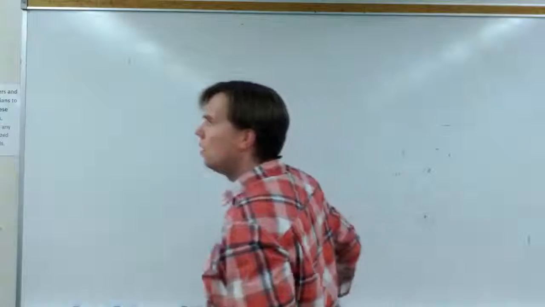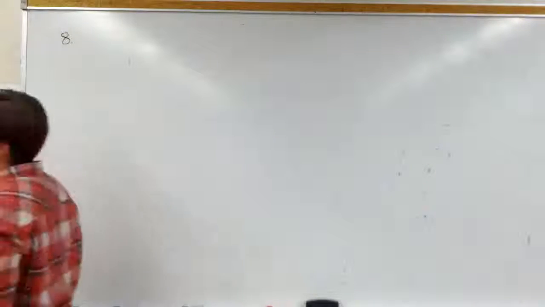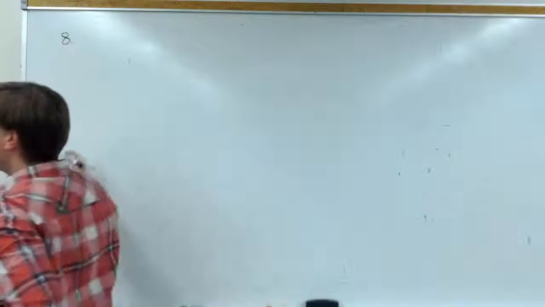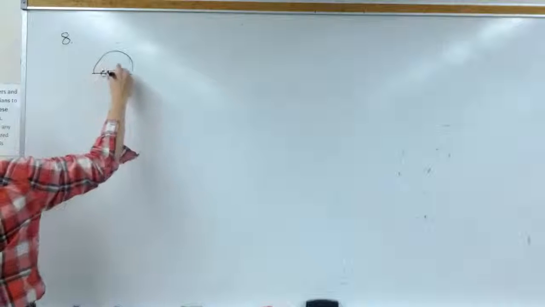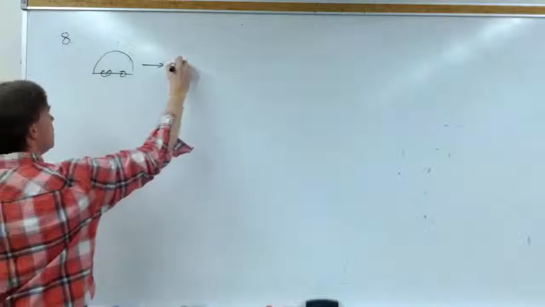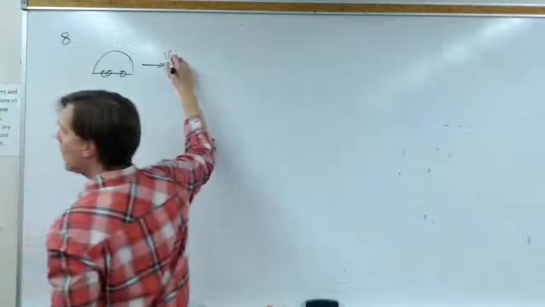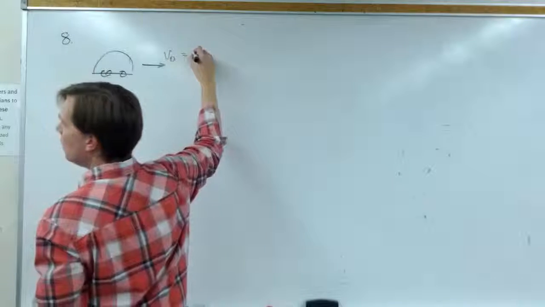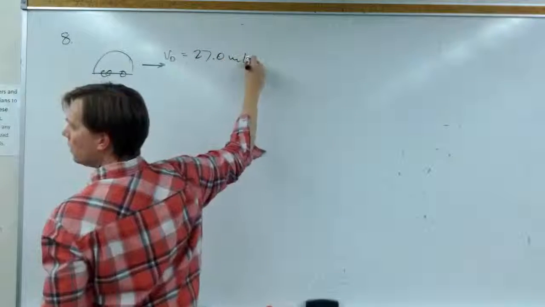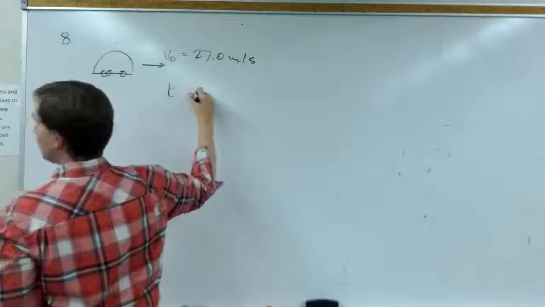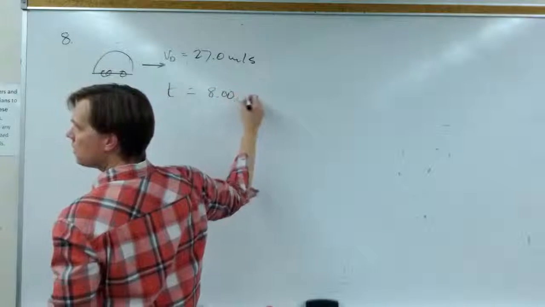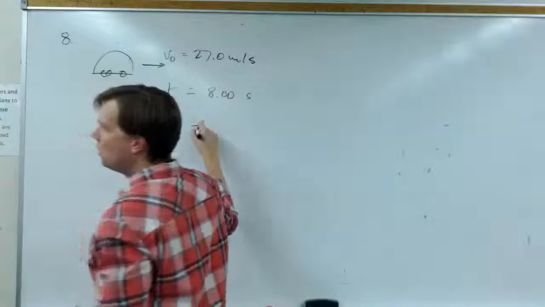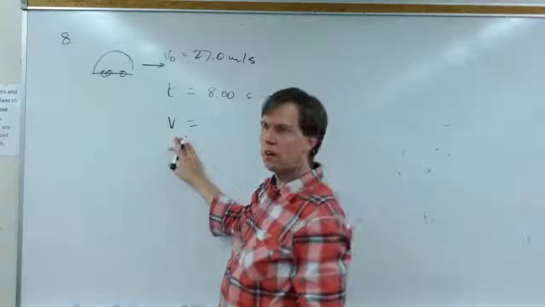Okay. So start with number 8. There's a car moving with an initial speed of 27 meters per second. After 8 seconds, the car has slowed. So this is the final speed, right?